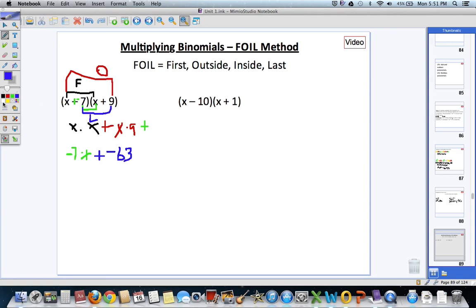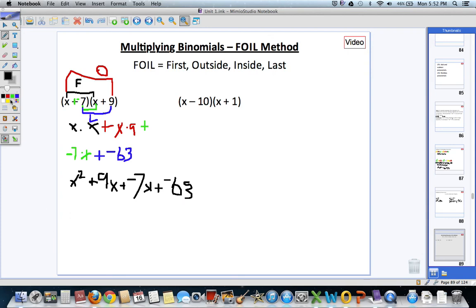Now all we do is multiply these out. X times x is x squared. X times 9 is 9x. X times a negative 7 is a negative 7x. And I still have my negative 63, my 7 times 9, or 63.